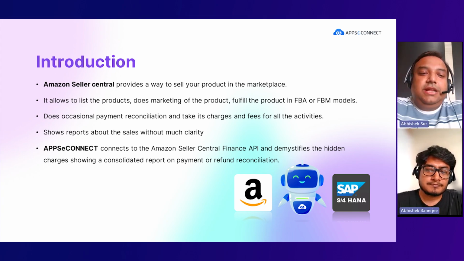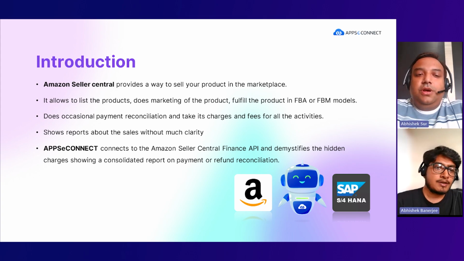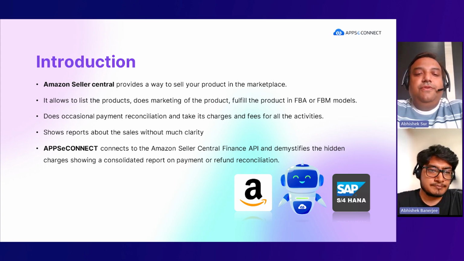So the seller needs to have a store for the products in their own warehouse and ship them whenever an order is placed. Now, for both the models, there are a few charges which Amazon puts in before returning the amount to the seller.